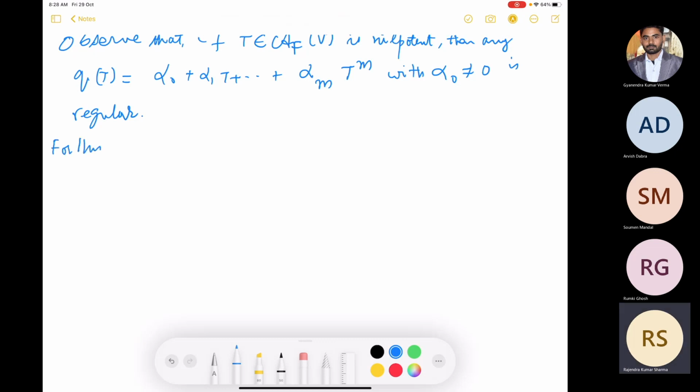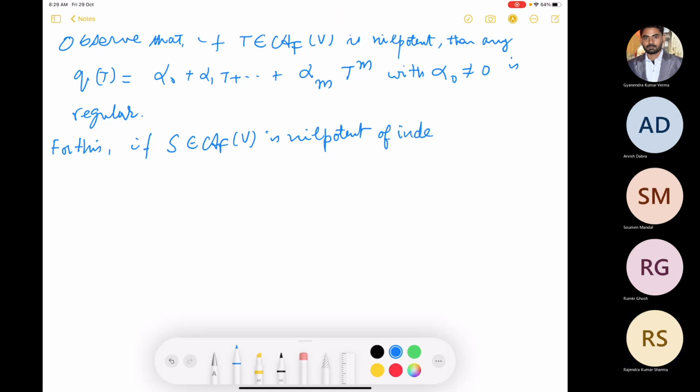For this, if S is a linear transformation, let us say nilpotent of, say, nilpotency index r, and alpha_0 is a non-zero element in F, then what we can see is that (alpha_0 + S) inverse will exist.